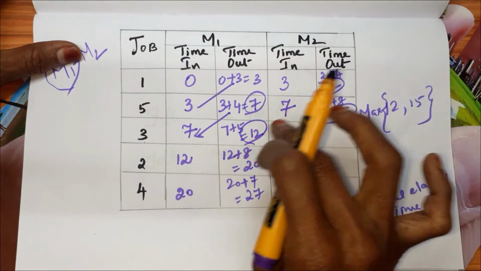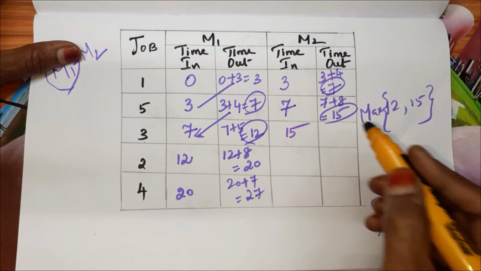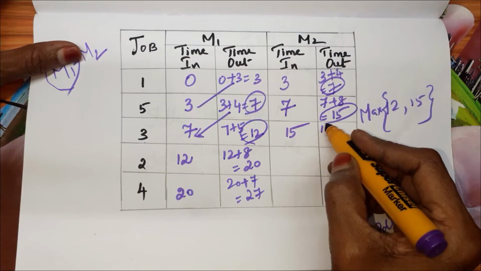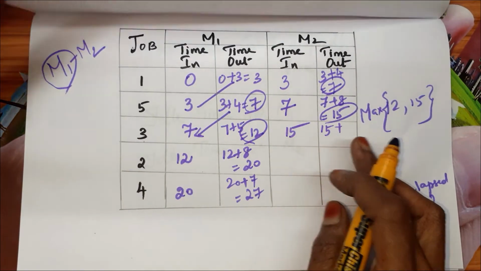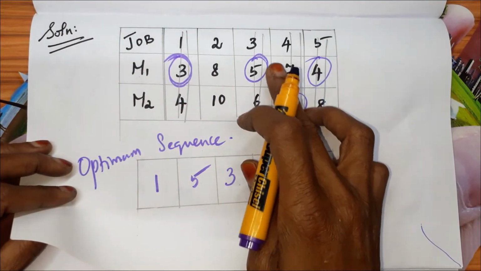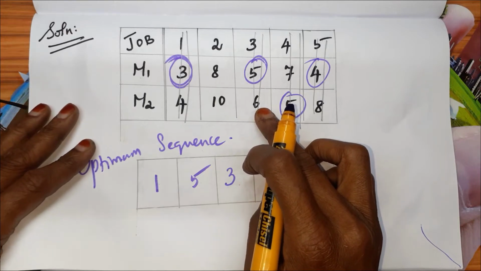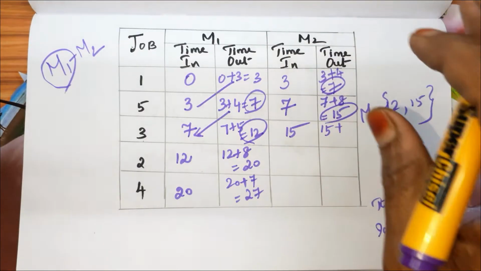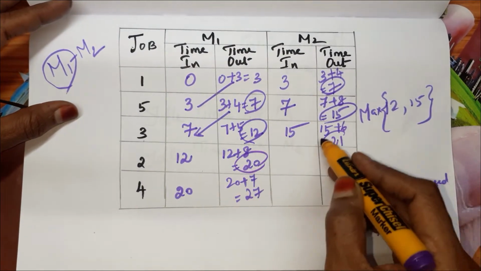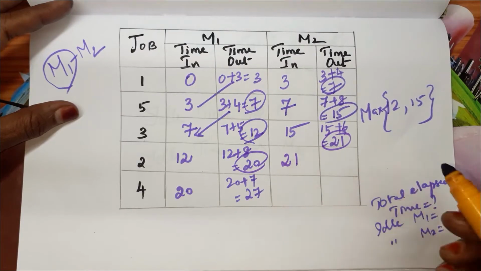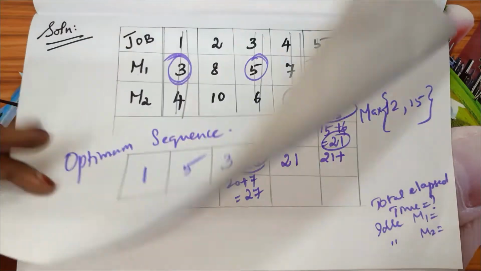So this value and this value have to be compared, and whichever value is maximum we have to take here. So 15 is the maximum. Now 15 plus the processing time for job 3 in machine 2. In job 3, in machine 2 the time duration is 6. Am I right? So plus 6 is equal to 21. Compare these two. 21 is maximum, so 21 is the starting value. 21 plus the processing time for job 2 in machine 2.